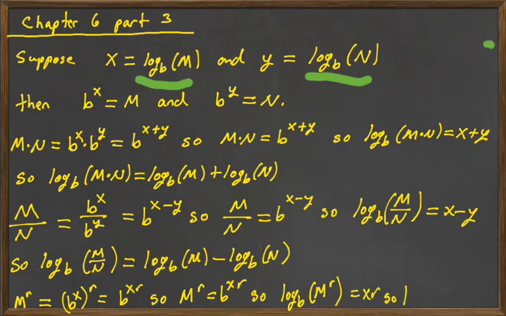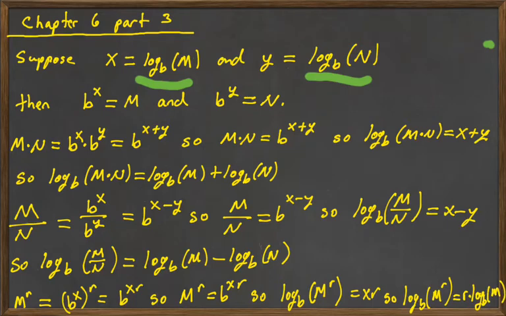The order does not matter. And so what we're going to do is we know that x is equal to log base b of m. So we're going to go ahead and make that replacement. We'll move the r to the front, so it'll be log base b of m to the r is equal to r times log base b of that m there.